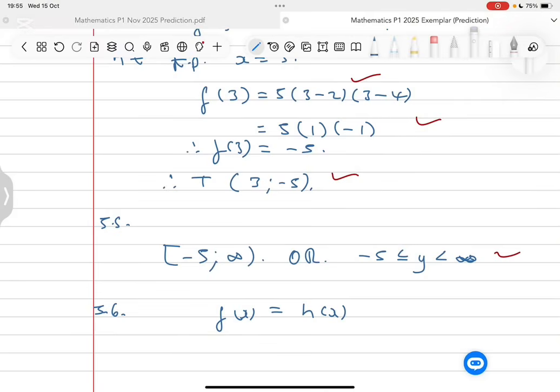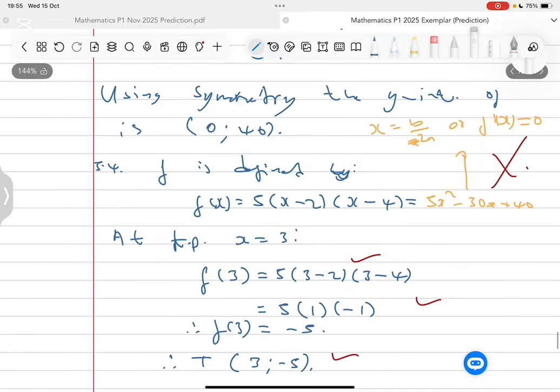However, we know that f is defined by, remember I can either use this one or I can use this one because they're both the same. Now I'm going to use this part of the equation simply because this one will require me to come back here when I simplify this. So I'm going to start here to save time.